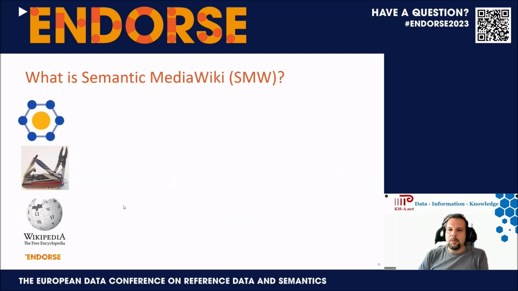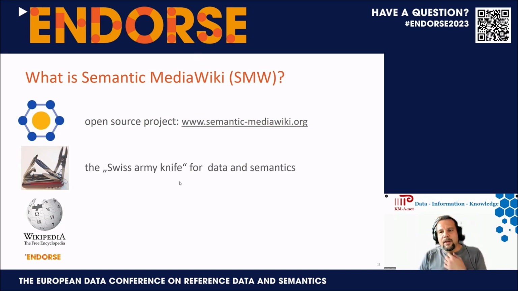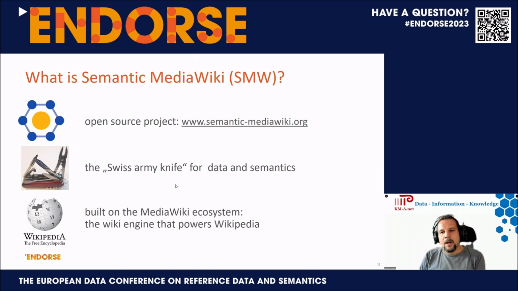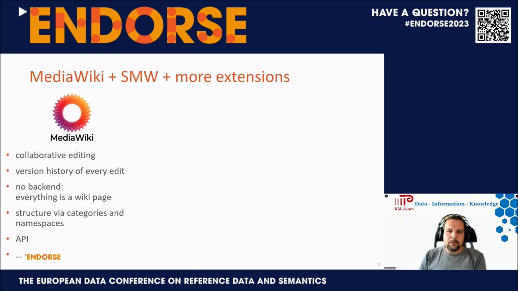So what is Semantic MediaWiki? Well, it is an open source project. It is kind of a Swiss Army knife for data and semantics, or linked data, actually, I must say. It is built on the MediaWiki ecosystem, so that's the wiki engine that is used by Wikipedia, but it brings this to another level by being able to structure data. So what you get is MediaWiki, one of the best collaboration tools, I would say, around, with the version history of every page, there's no backend.